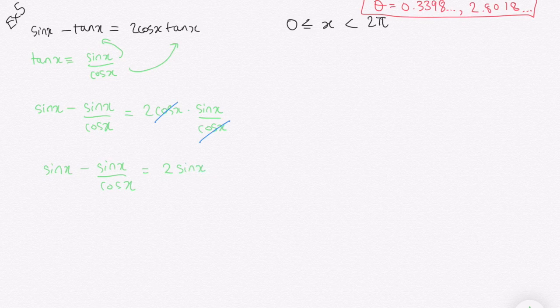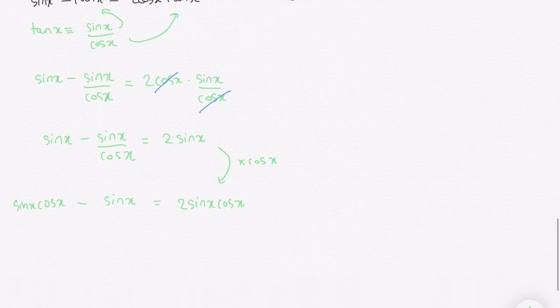Well, what might be a nice thing to do now is to multiply both sides by cosine x. Well, if we multiply the right-hand side by cosine x, we get 2 sine x cosine x. And being careful here, we need to multiply both of these terms on the left-hand side by cosine x. So we get sine x cos x minus sine x.